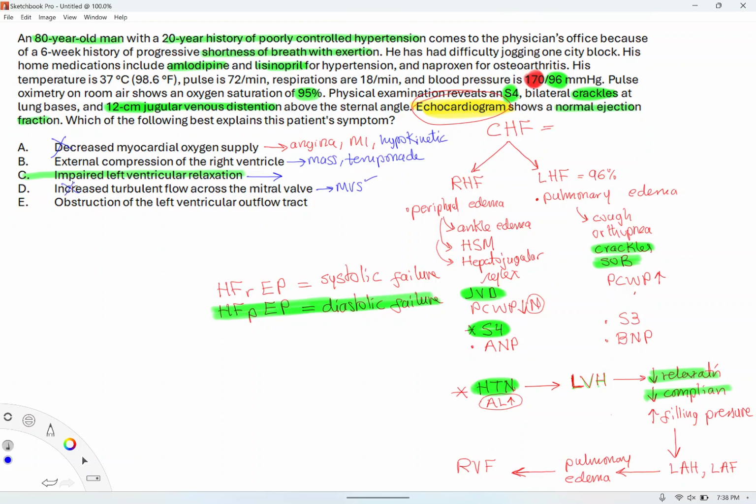Obstruction of the left ventricle outflow tract. We're not talking about aortic valve stenosis, but obstruction of the left ventricular outflow tract. The area between the aortic valve and the left ventricle is called the ventricular outflow tract. This area becomes stiff or narrow during hypertrophic cardiomyopathy.